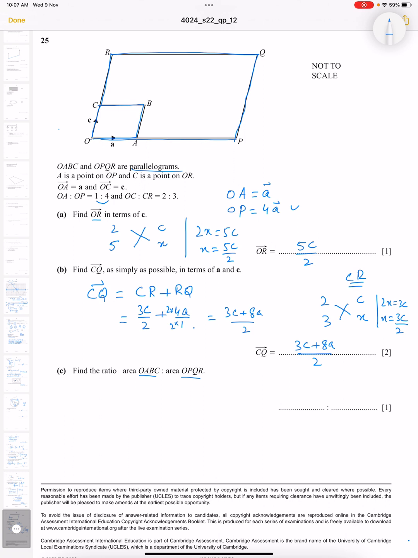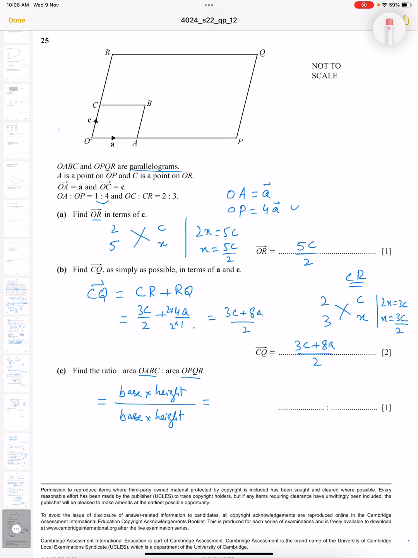So we will use simply the formula for the area of a parallelogram. Area of parallelogram is simply base times height. So use this for both parallelograms, base times height. Okay.